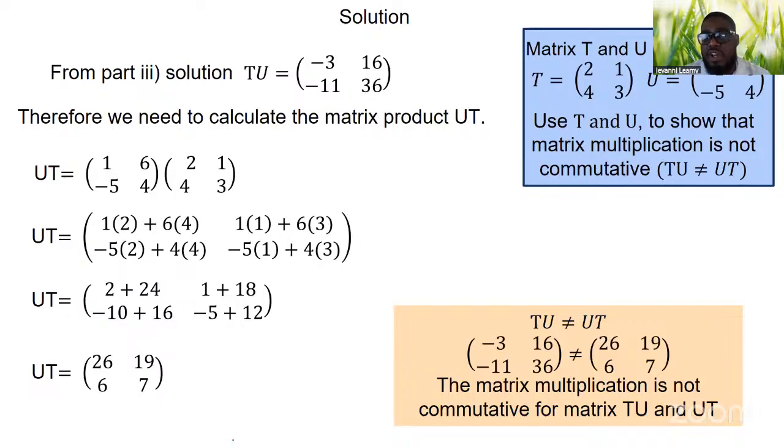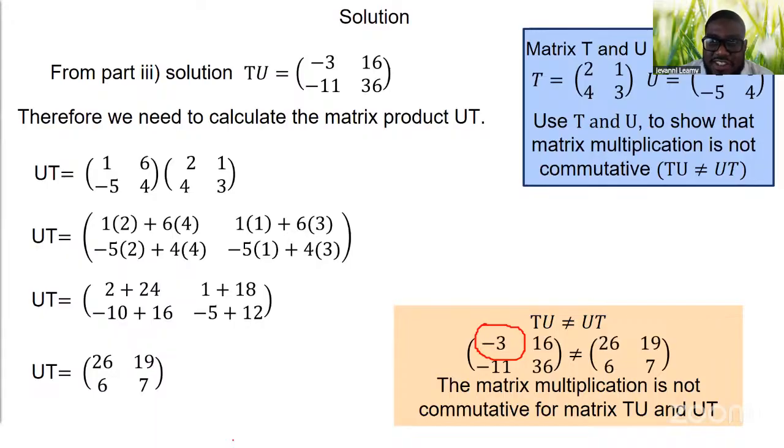And the corresponding one is what? What is the corresponding element to -3 in matrix UT? Can anyone tell me? First row, first column. What element is in the first row, first column for matrix UT? What is that element? You're saying 19?